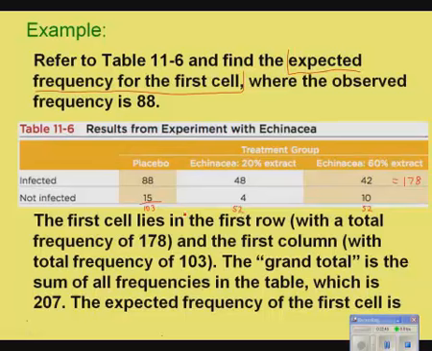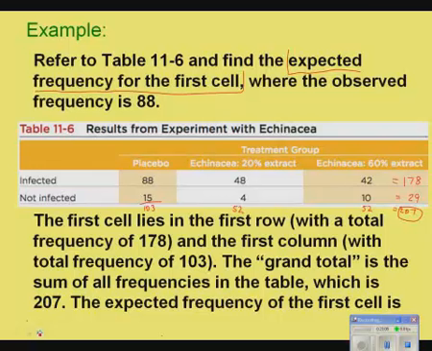So I take an extra 104 and 103, so the grand total is 207. And I guess if I added these up, that'd be 29. So if I did 178 plus 29, that's 207. Okay? So that's how you deal with the table. That 207 is what's going to be my grand total.